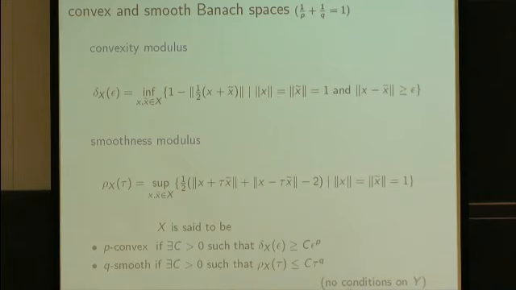So you introduce a convexity modulus, delta X, which is defined at the top, and you introduce a smoothness modulus rho. Now, we need the constants, and that is why I'm writing this out. P-convexity is described by an estimate in terms of the convexity modulus over here. So that is estimated by epsilon to the power p, and q-smoothness is estimated by a polynomial estimate in terms of tau to the power q. So essentially, those are the constants that play a role later on in the estimates.